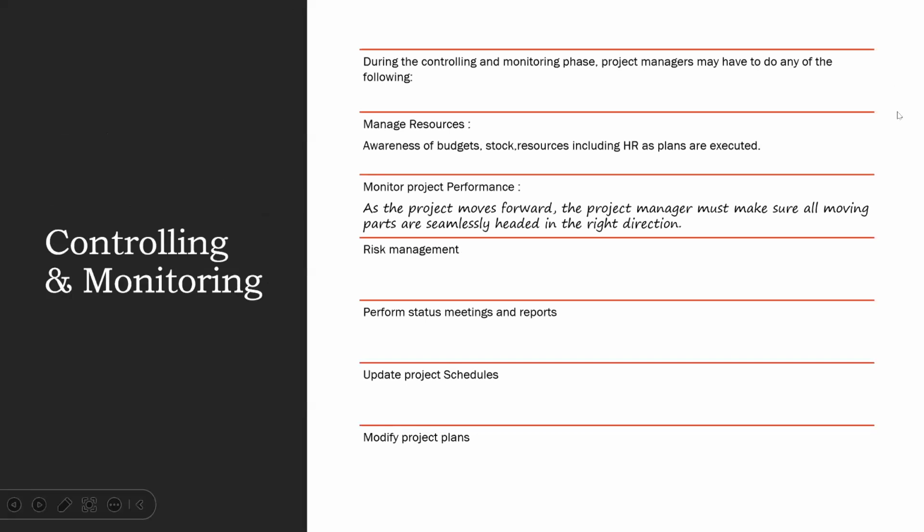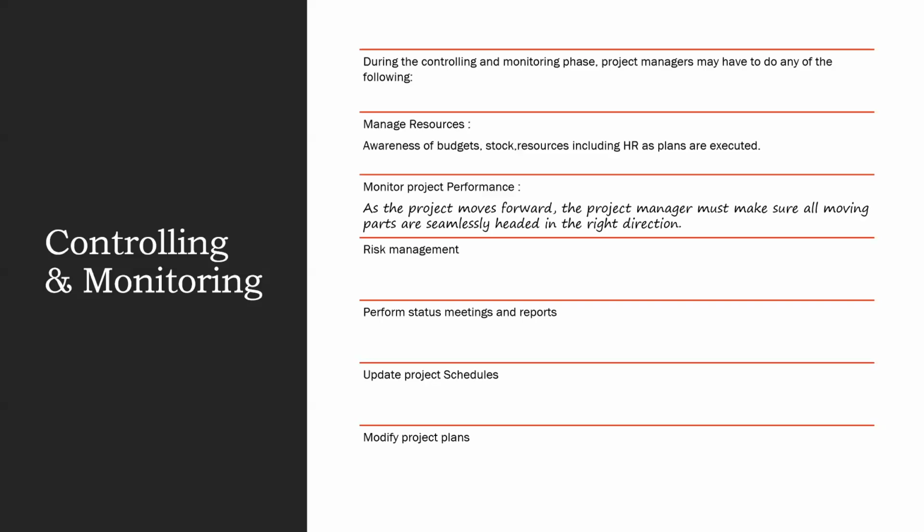Now, during controlling and monitoring, the project managers may have to do any of the following. You manage resources. You must know what the budget is. I always say the activity informs the budget, not the budget the activity. I want to establish a skills program for children.